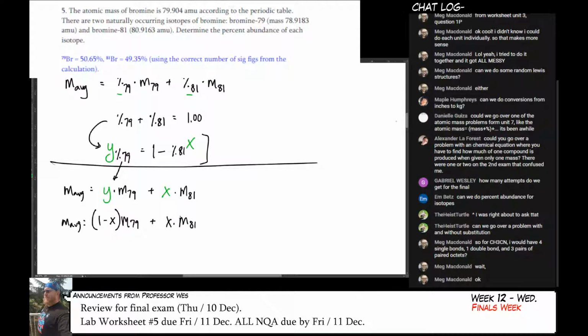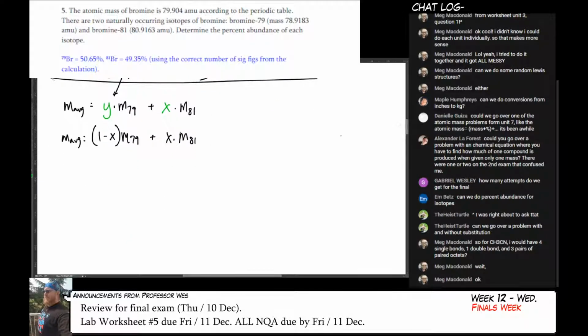So now that we're at that point, we'll just factor stuff out. So we've got to multiply both of these by M79. So M79 times 1 is M79 minus X times M79 plus X times M81.